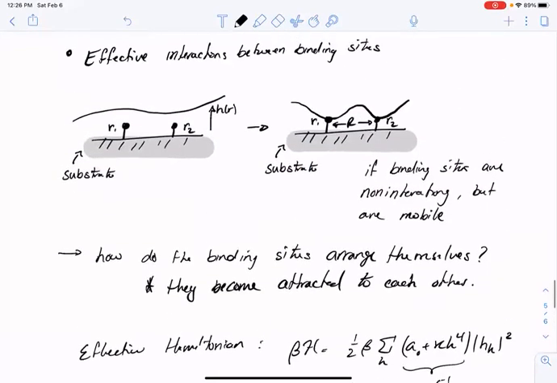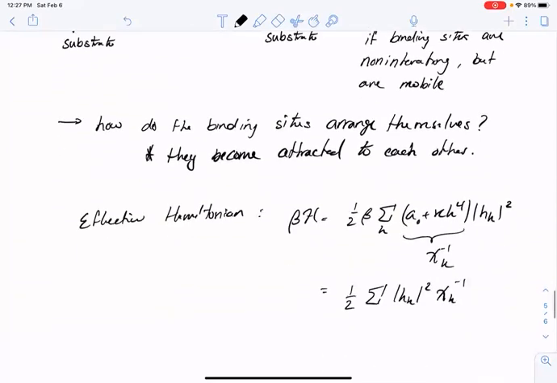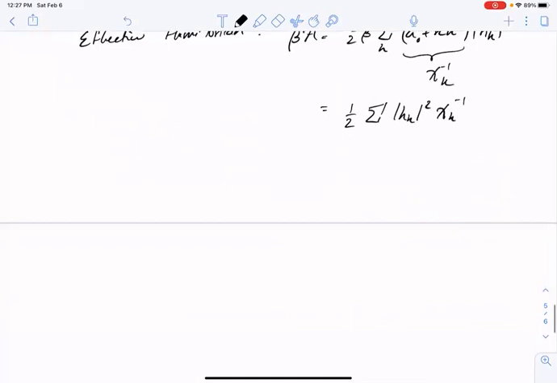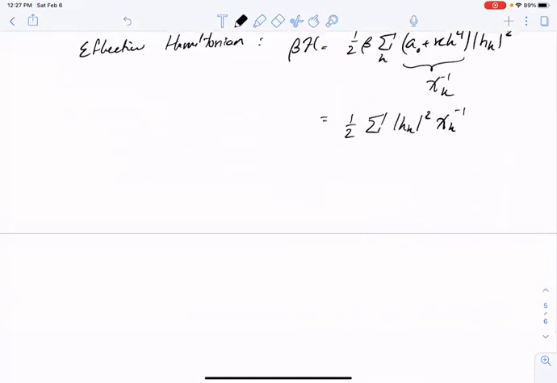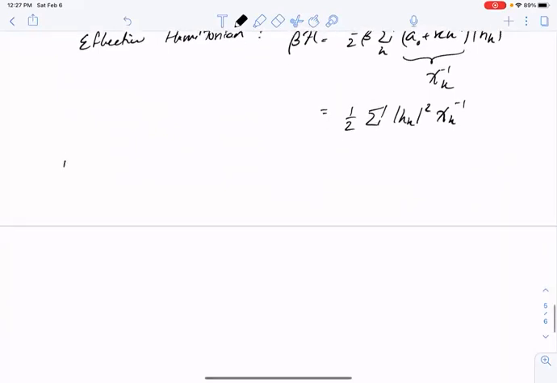Now, if those binding sites impose a value of the height field at the locations of the site, we need to impose constraints, and we can do so using the same sort of formulation we have used in the density field. We can say that the height at position 1, we can reference this to be 0 in this case.